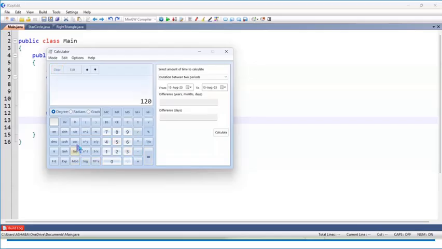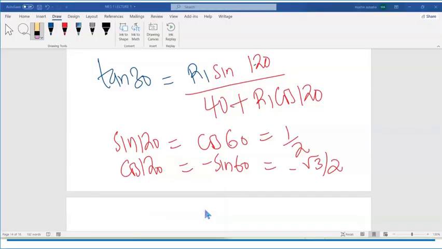So I get cosine, so that is negative 0.5. Let's see. This should be, sine 120 is supposed to be cos 60.